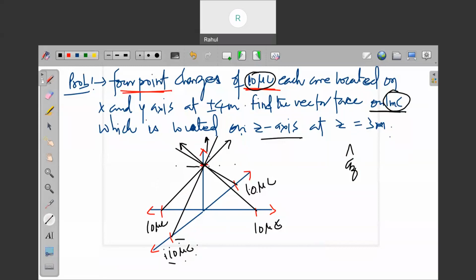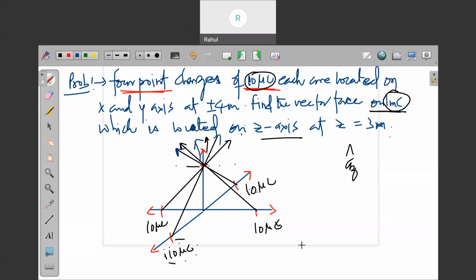The resultant will be in the az direction only, because the charges are kept symmetrically. If the charges are kept symmetrically, the resultant will be in the direction of the z axis. I hope this is clear. So the resultant will be like this.